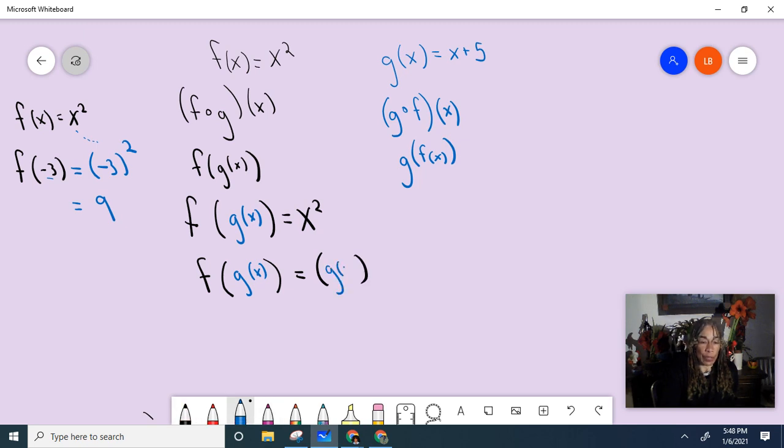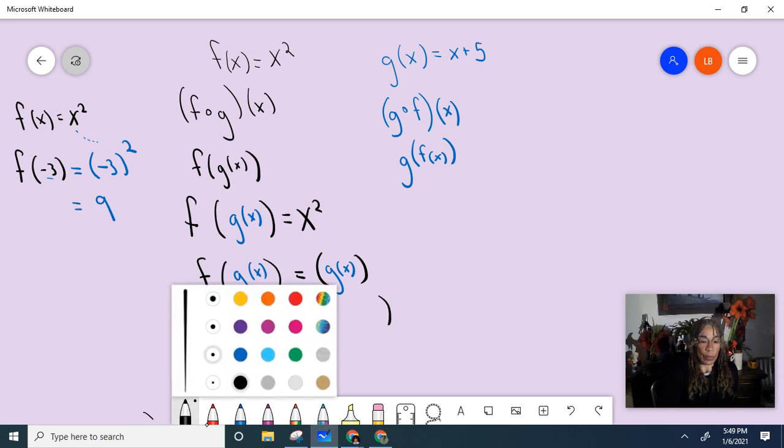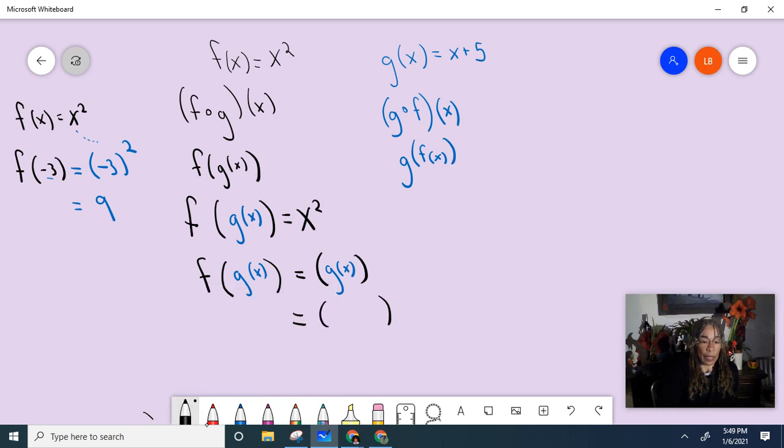and I'll put whatever goes in this first parenthesis in there, which I happen to know for a fact that g of x really equals x plus 5. So inside these parentheses, I'm going to put, oh, by the way, this was x squared, so I forgot to write x squared, and whatever I put in this parentheses, I'm going to square it, and I'm going to put in g of x, which is x plus 5 squared.